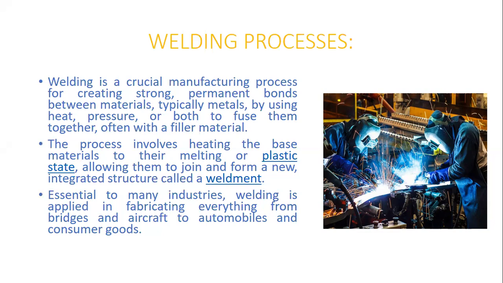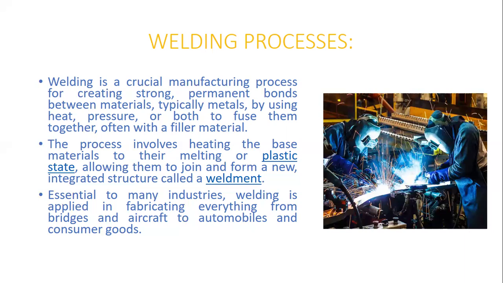We can fuse them together along with the filler material to form a permanent joint interface between the two adjacent materials. The main process involves heating the base material above the melting point, at a higher critical temperature, and allowing them to join and form a new integrated structure, called a welded joint.